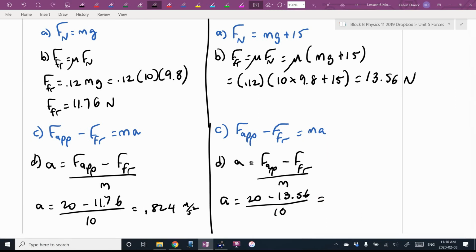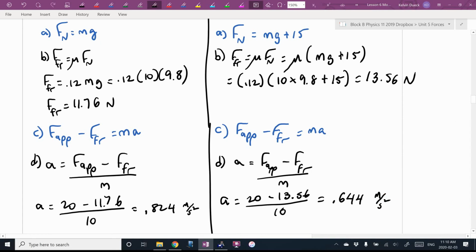It's not that tough. 20, take away 13 is 7, take away 0.5, 6.5, take away 0.06 is 6.44. And then dividing by 10, 0.644. It's not that impressive. See? That's the nerdy thrill, the giddy adrenaline rush that I get every time that I do math in my head. And it's an acceleration, meters per second squared.